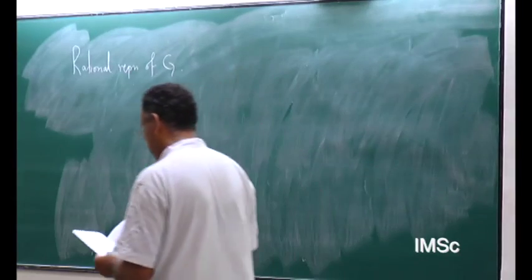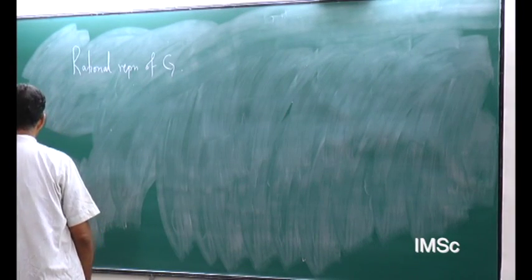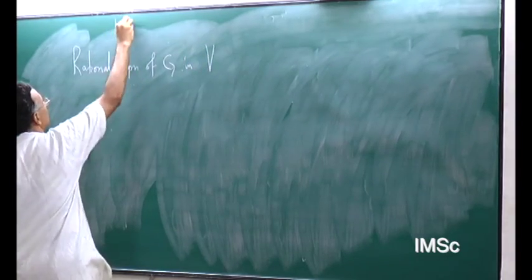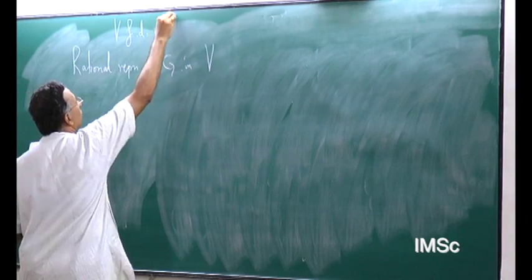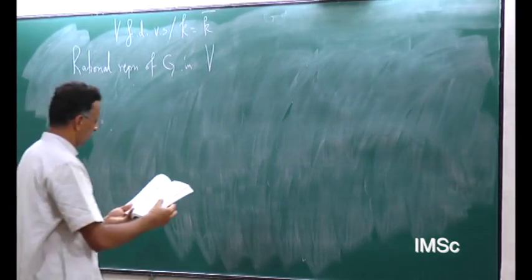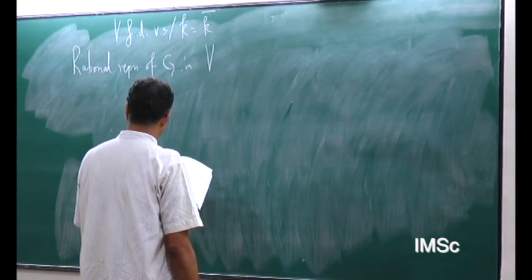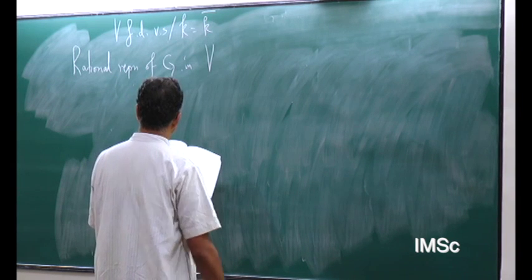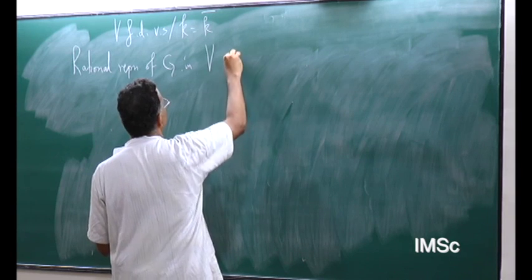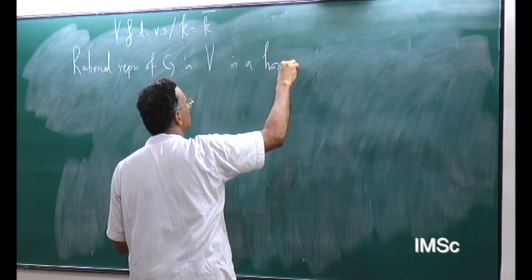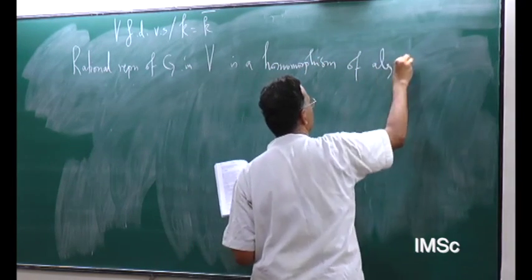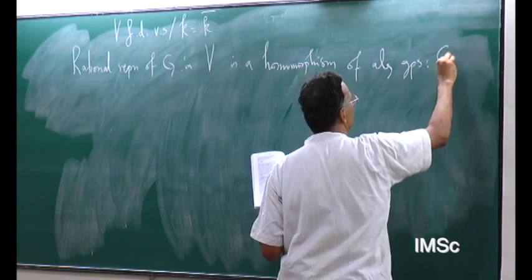Okay, so a rational representation of G in V. So V is a finite dimensional vector space over K equals K bar. That's our standard notation. Okay, so he defines it as a homomorphism of algebraic groups, G to GL(V).